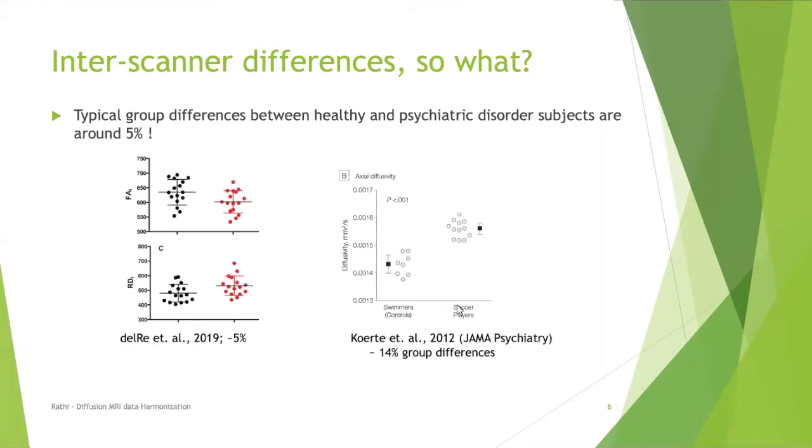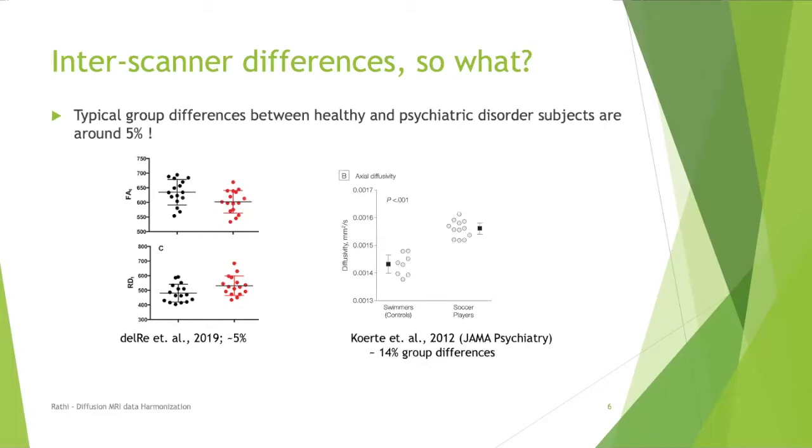On the left, you see changes in FA and radial diffusivity between 2 groups, about 5% change. On the right is another paper from our group. Again, you're looking at differences between 2 groups, one is soccer players, another is a set of swimmers. Even though the groups are very well separated, if you look at the percentage change, it's just about 14%. So it's extremely important that we reduce these inter-scanner changes.